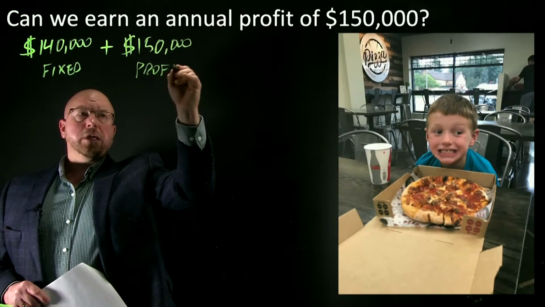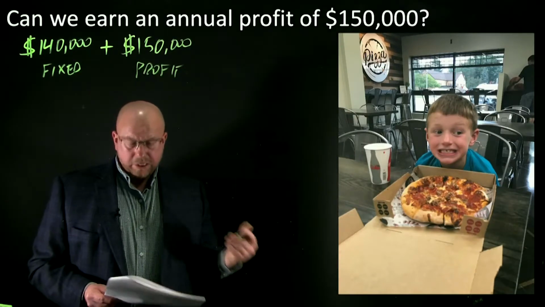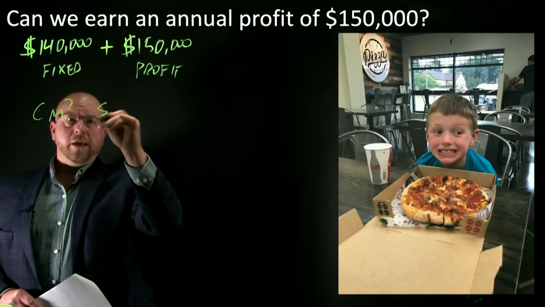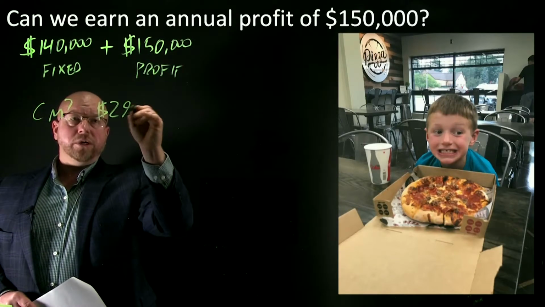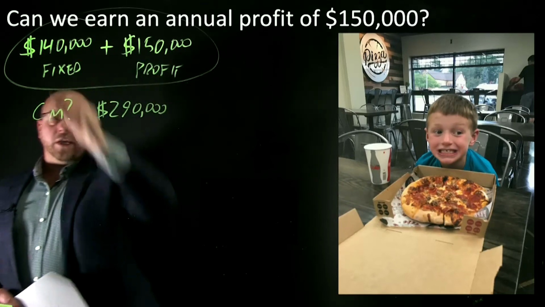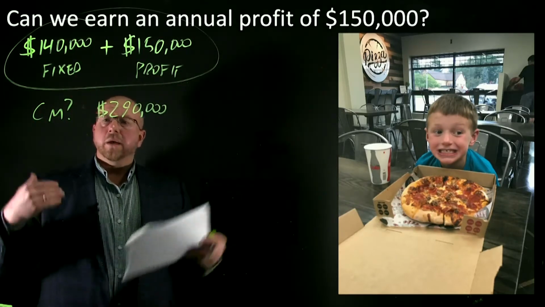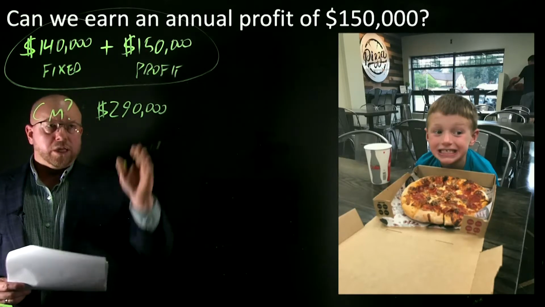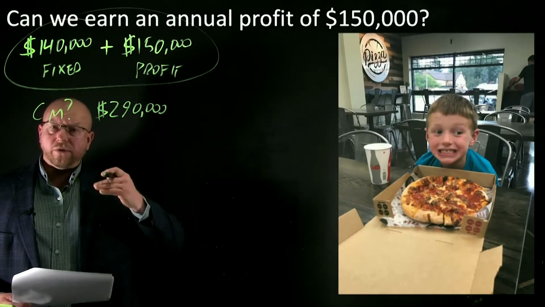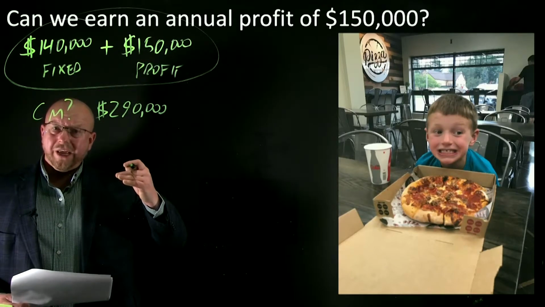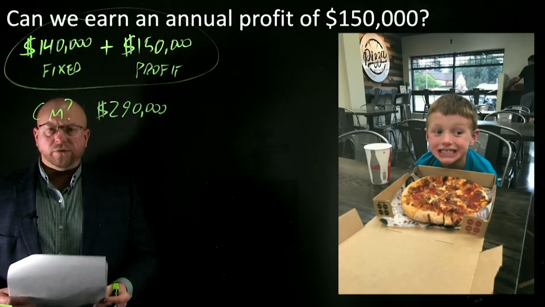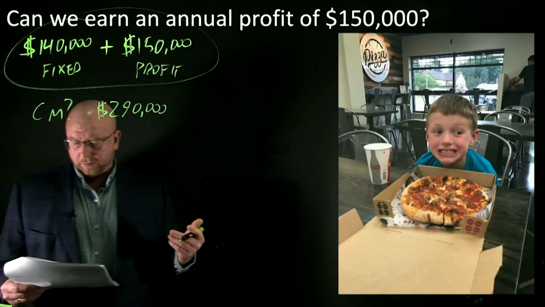So what we're doing here is we're basically saying, how much contribution margin do we need in order to accomplish that? And the answer is we need $290,000 of contribution margin. It's our fixed cost plus profit beyond that. So if we generate $290,000 of contribution margin, that will cover our fixed expenses of $140,000 and go beyond the fixed expenses to give us $150,000 that drops to the bottom line.